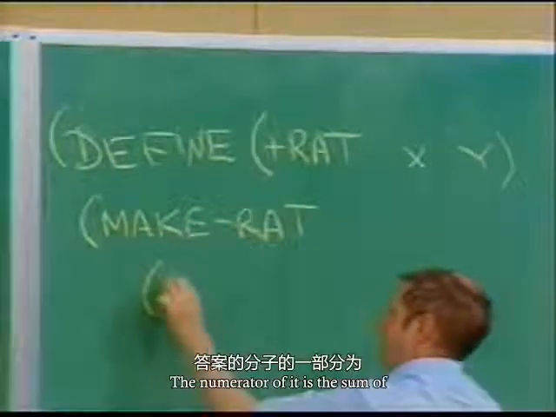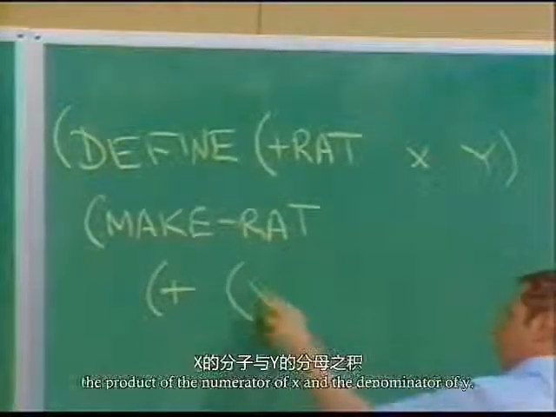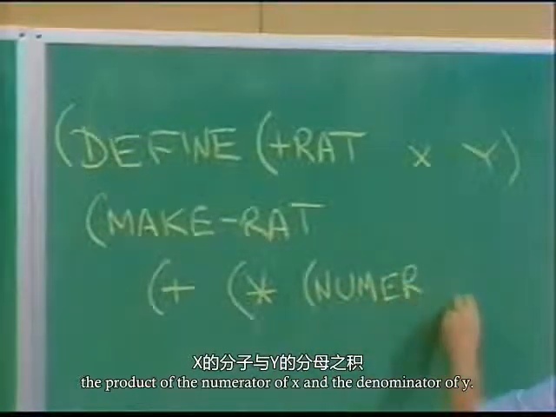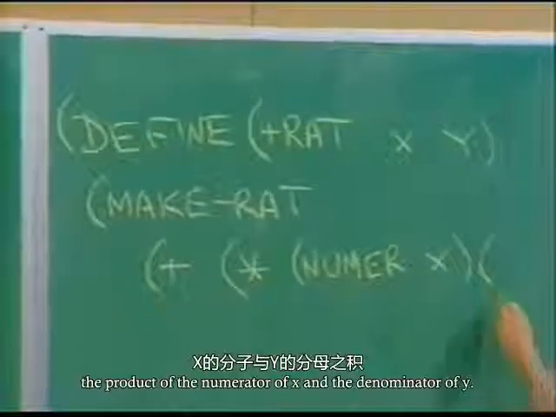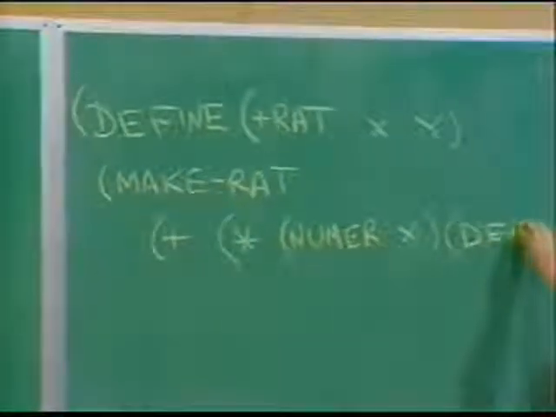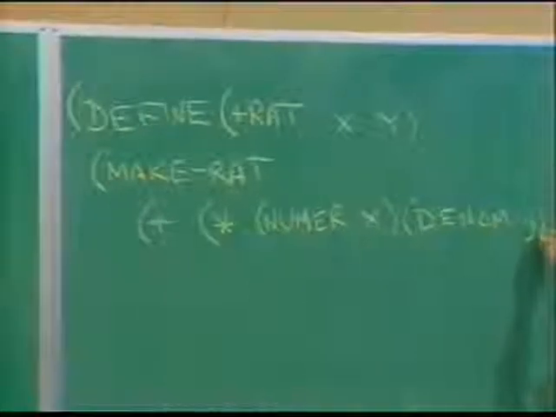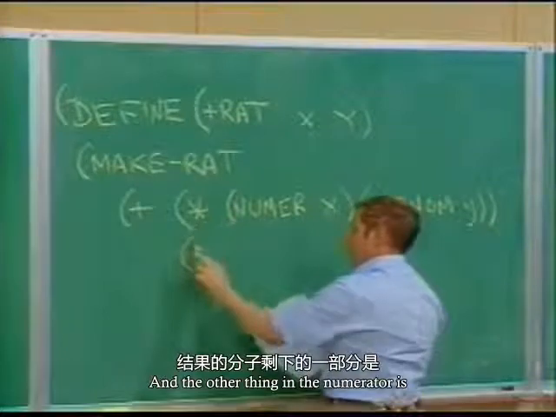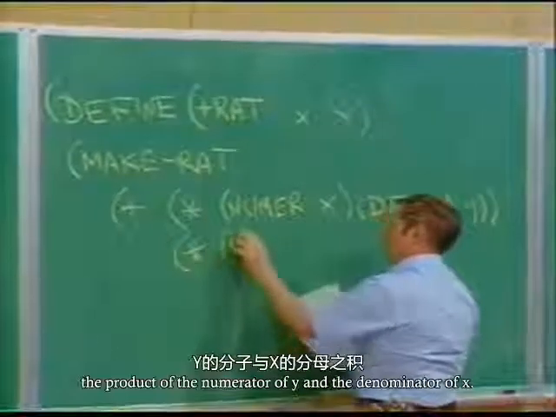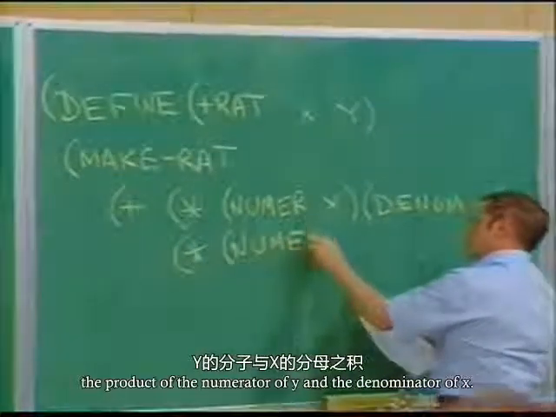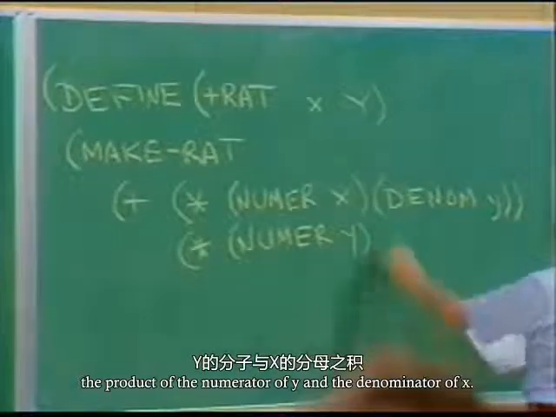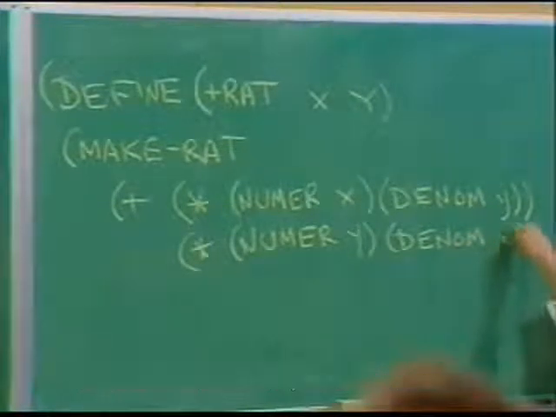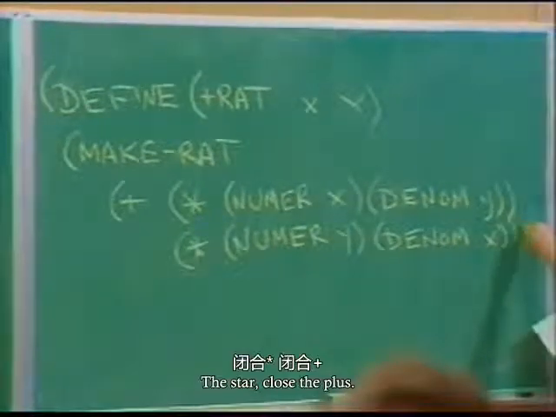The numerator of it is the sum of the product of the numerator of x and the denominator of y. It's one thing in the sum, and the other thing in the numerator is the product of the numerator of y and the denominator of x.